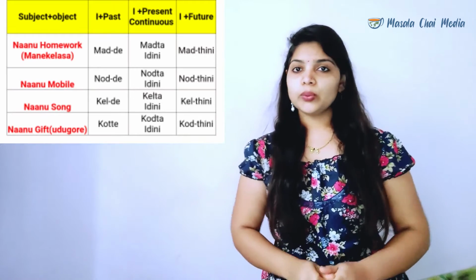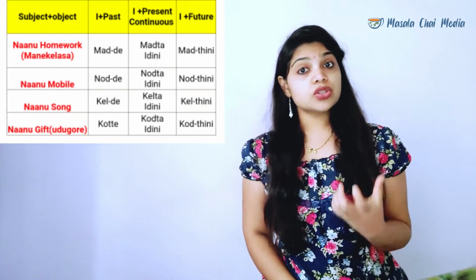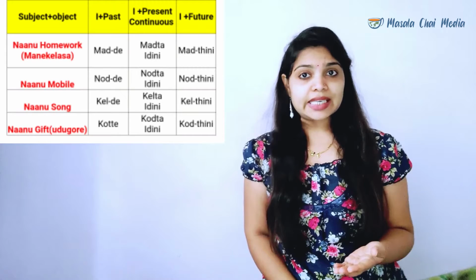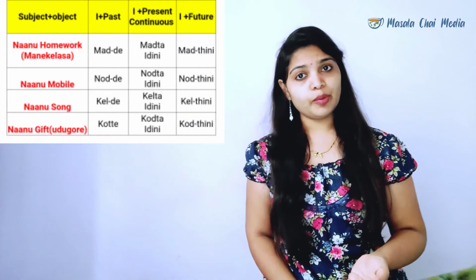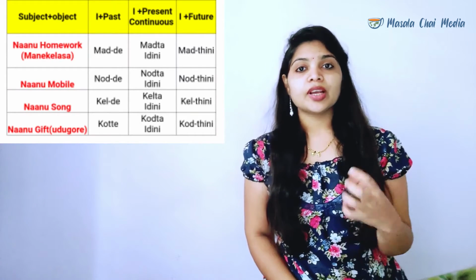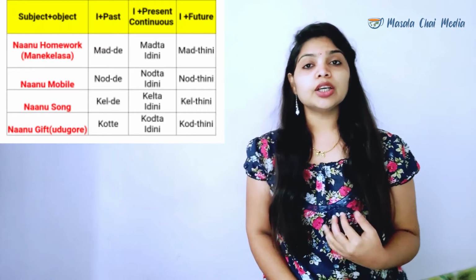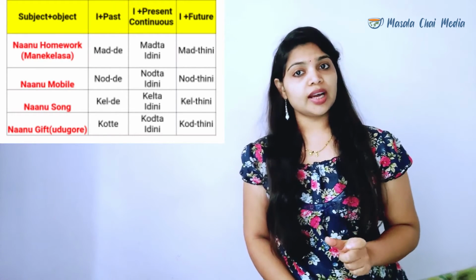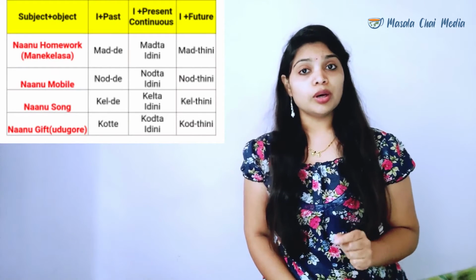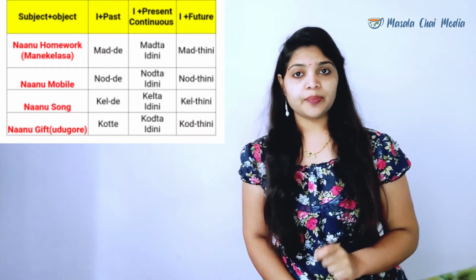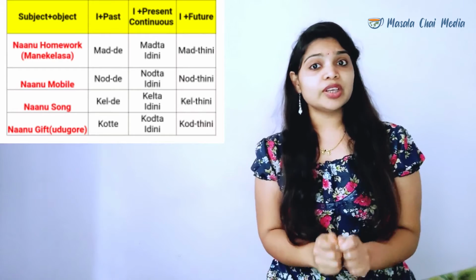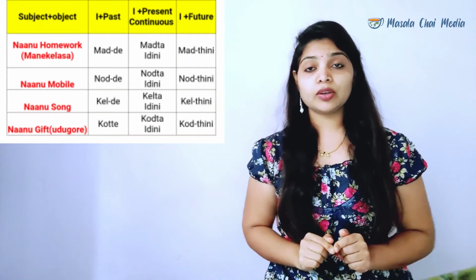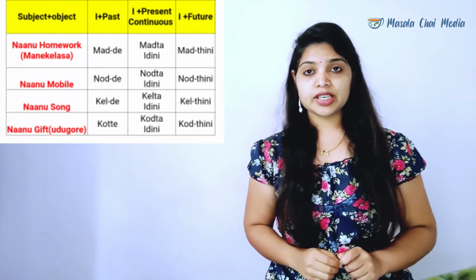Now, I saw mobile, I am seeing mobile, I will see mobile. ನಾನು ಮೊಬೈಲ್ ನೋಡ್ದೆ. ನಾನು ಮೊಬೈಲ್ ನೋಡ್ತಾ ಇದ್ದೀನಿ. ನಾನು ಮೊಬೈಲ್ ನೋಡ್ತೀನಿ. Same like this, make a tabular column and try to make a few sentences using other verbs as well.